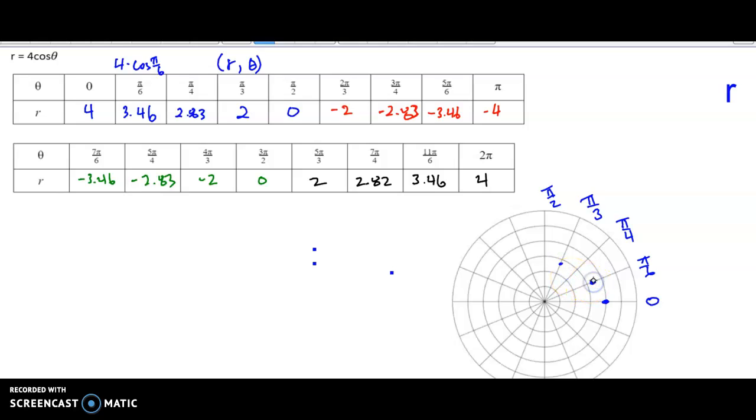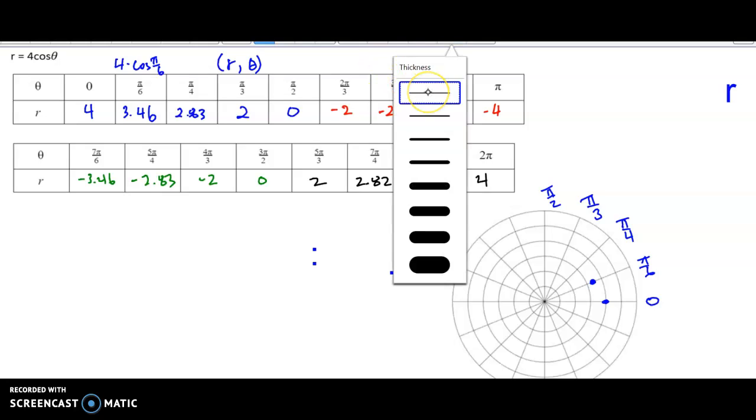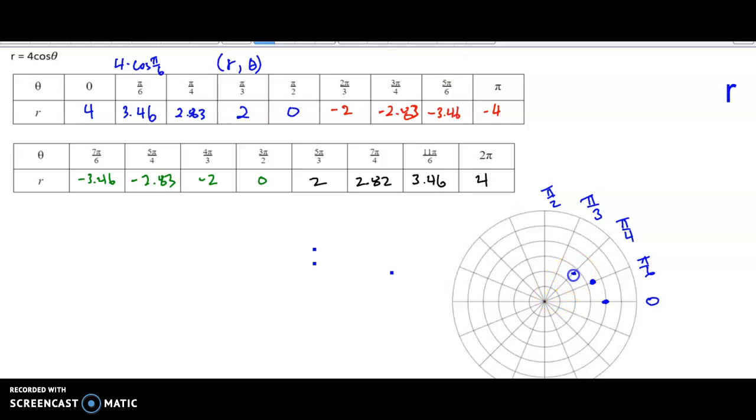I'm sorry, we're in the wrong spot. At pi over 4 is 2.83. At pi over 3, it's at 2. And then at pi over 2, it's at 0.